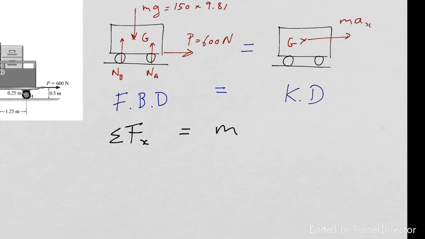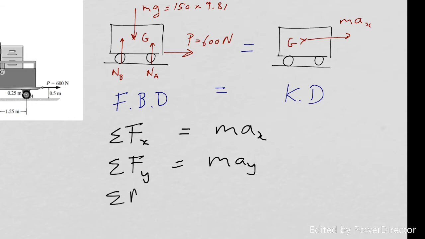Fx summation equals to max. Summation of Fy equals to may. I know what you are thinking, but just write it down. So summation of moment. So now I put a question mark there. It is talking about where it is your fixed point or your pinpoint of moment.